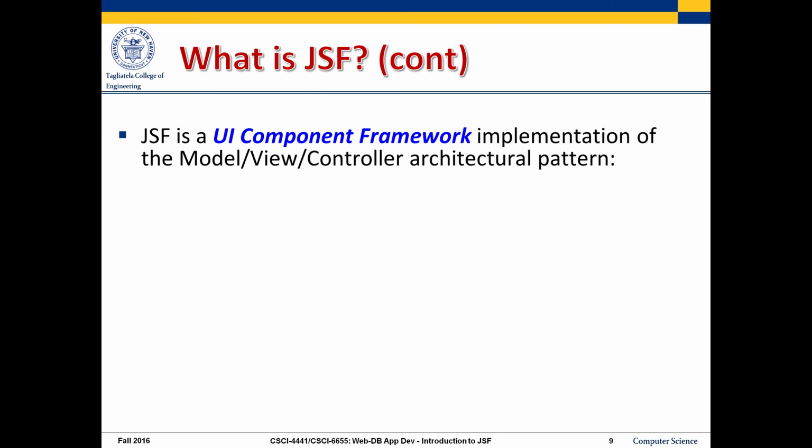In JSF, what you do is you design views using the view template language, which in this case is JSF. You create the model component using the various kinds of beans, backing beans, enterprise Java beans, and other plain old Java objects, and those hold both state information about the conversation, about the transaction that's going on, and also business logic which is used to modify the current state that the user has on the server side.